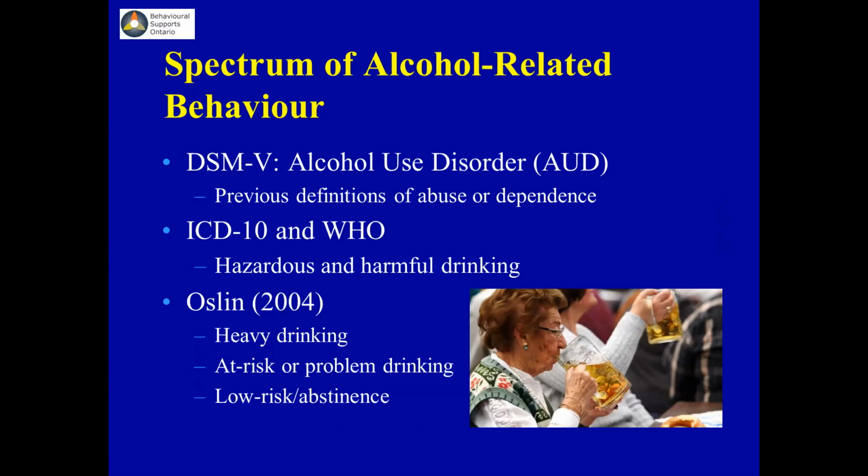But the hazardous group are those individuals that are probably drinking at levels that are placing themselves at risk for alcohol-related consequences. And Oslin also came out with different definitions, where we looked at heavy drinking at one end, at-risk and problem drinking in the middle, and then low-risk drinking as well as abstinence on the other side. So we're looking at a spectrum of behavior.